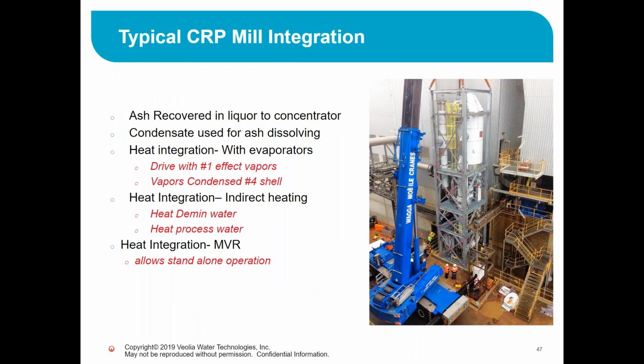And there's a couple ways to integrate it. One of the things is, how do you integrate the heat with the mill? The easiest way, if you're putting in new evaporators, is you just integrate it with the evaporators. Normally you drive the system with first effect vapors, put vapors back into the number 4 shell. That's the easiest and most effective way.